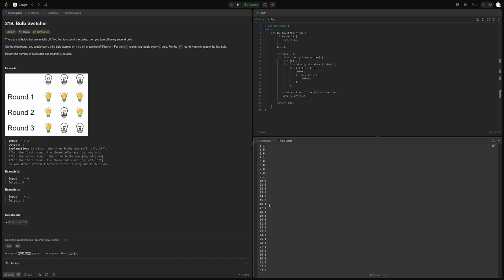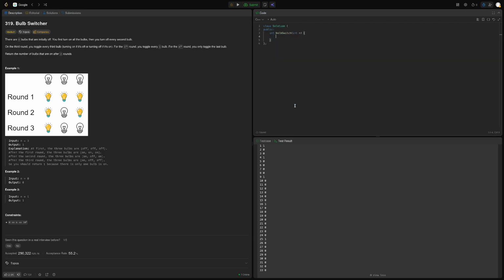So only numbers that are perfect squares of some numbers can be like 9, the square root of 9 is 3. So the answer is very, very simple.